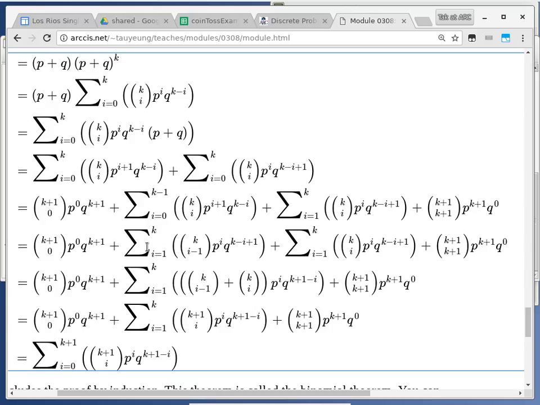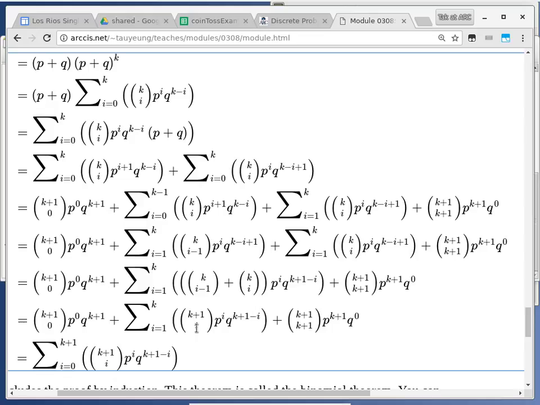What did I do from here to here? I combine the sigma because now they have the same index. So that means that I can take this term, I can take this term, put those together because they can share the same index. And what did I do from here to here? I applied Pascal's identity. Very good. So I look at this thing here, and then I look at this term.